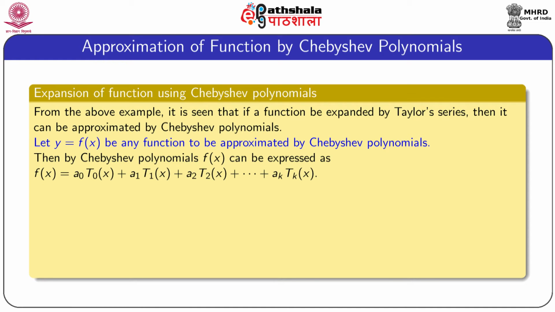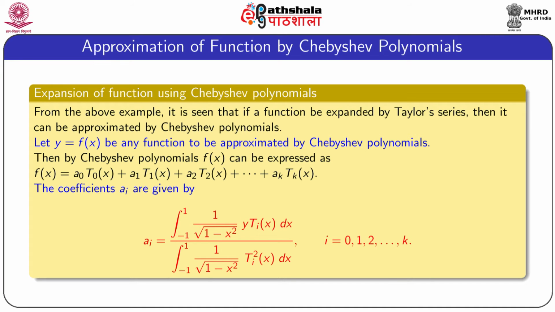Let the function f(x) be expressed as a0 T0(x) plus a1 T1(x) plus a2 T2(x) and so on plus ak Tk(x), where a0, a1, a2 up to ak are constants, and T0(x), T1(x) up to Tk(x) are the Chebyshev polynomials of different order.